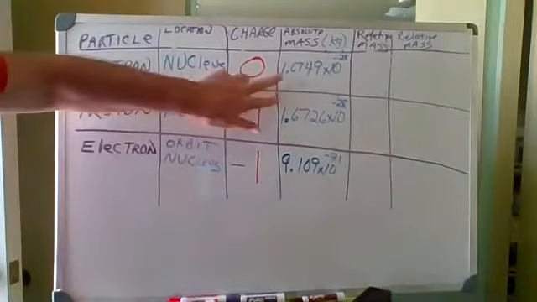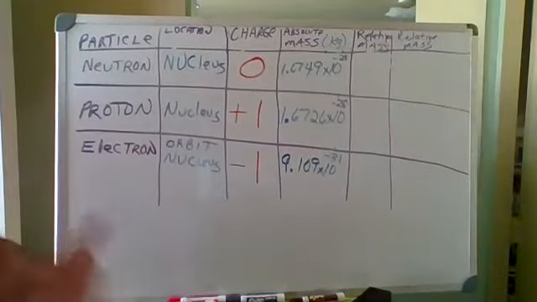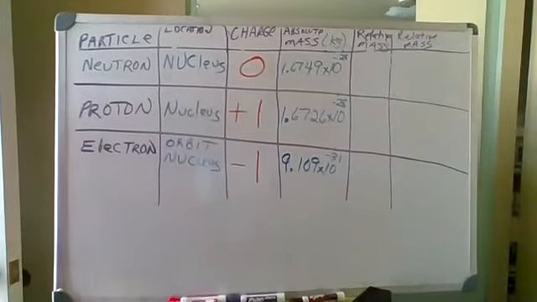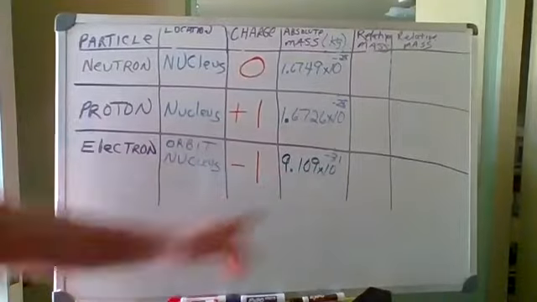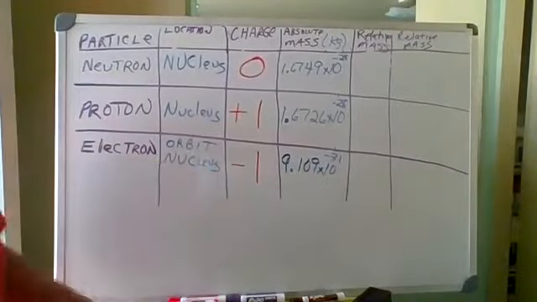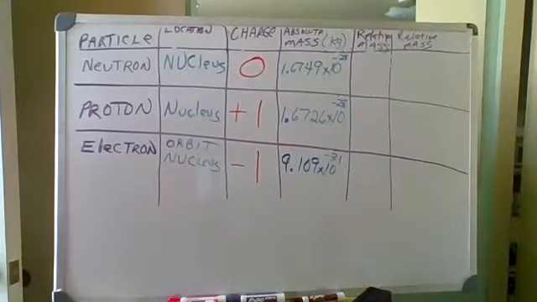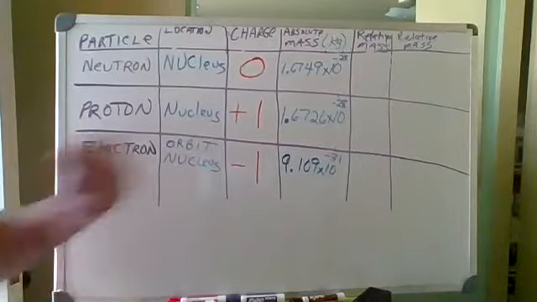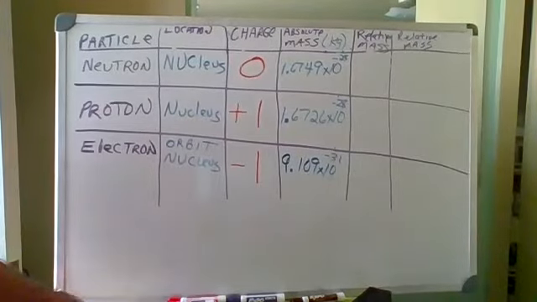So we see here that the masses of protons and neutrons are almost exactly the same, right? And then the electron is 3 powers of 10 smaller. Remember, 3 powers of 10 is 1,000, right? So it's on the order of 1,000 times smaller, right?